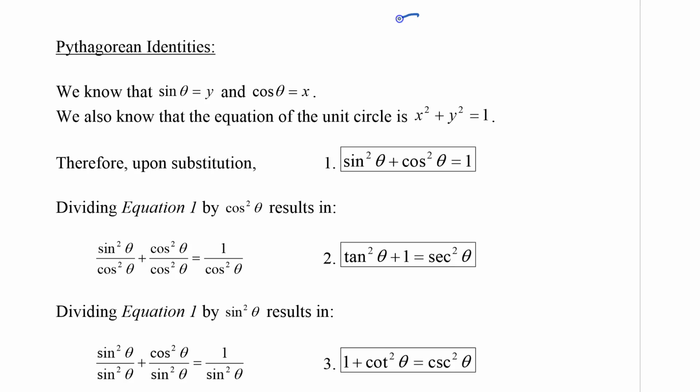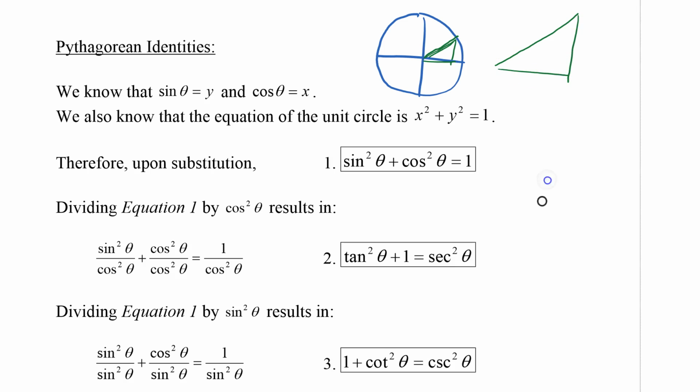In the unit circle, if we have an angle, here's an angle. So if we have an angle here, and I'll draw the triangle even bigger because it's easier. The x value here is the cos of the angle, and the y value is the sine of the angle, and the radius in the unit circle is 1.